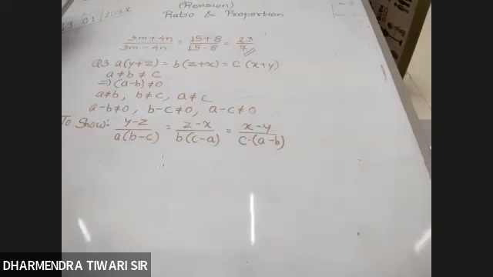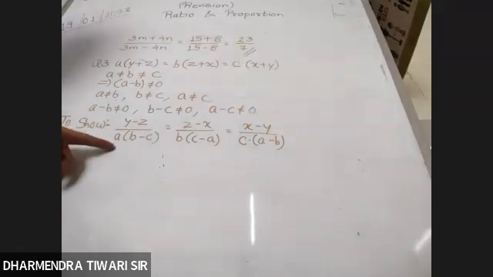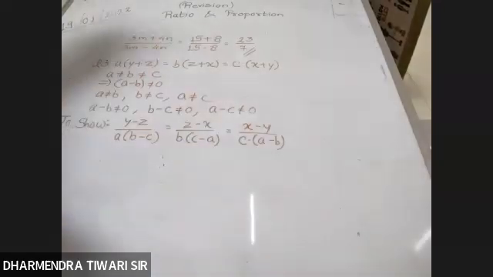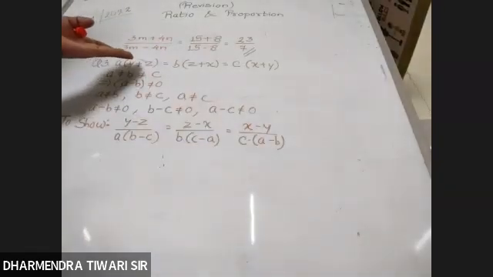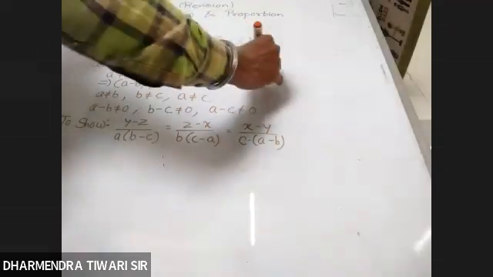So what we need to do first: as we can see, we require a, b, c in the denominator, and by observation, in the given part we cannot see a, b, c. So call it equation number 1.